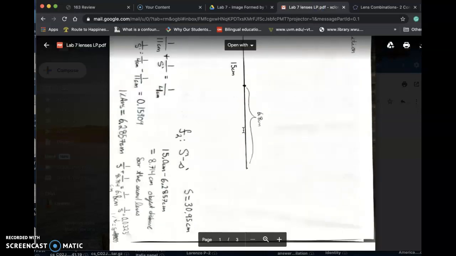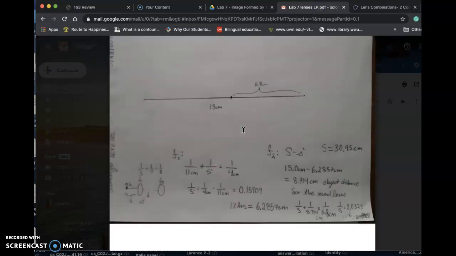Now these are our calculations here. In order to figure out the first image, we have 1 divided by 11 centimeters, which was our given S1, and then find our S prime value, which is the image distance. We take 1 over 11 plus 1 over S prime, which equals 1 over 4, the first focal length.